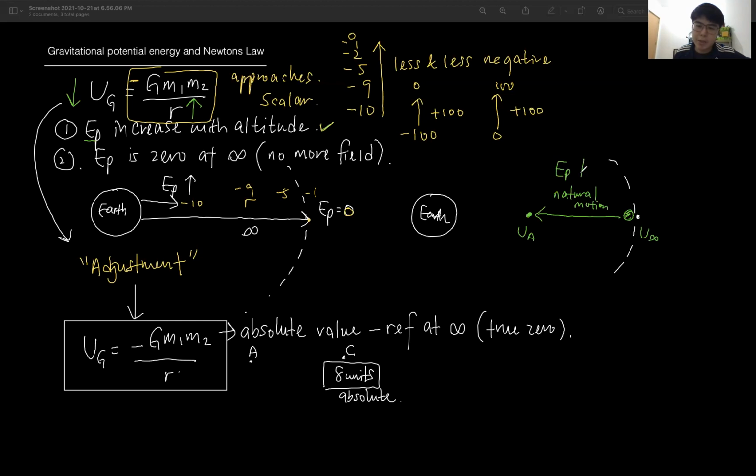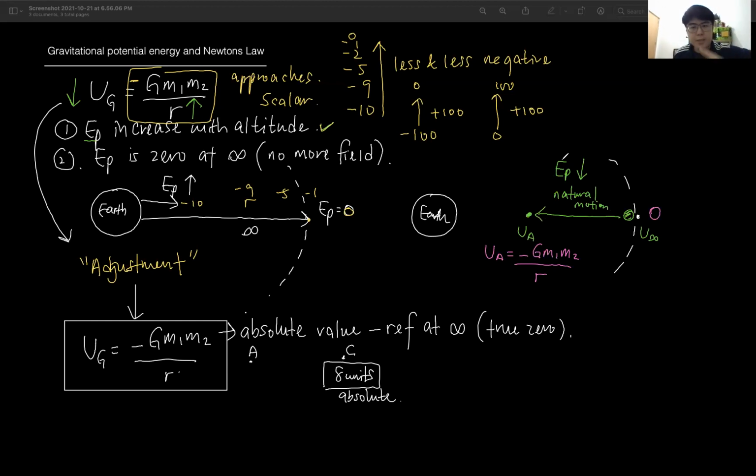The potential energy decreases. This makes sense because over here is 0, and over here is minus G m1 m2 over r. It's getting negative, so it decreases. It's going down to negative.